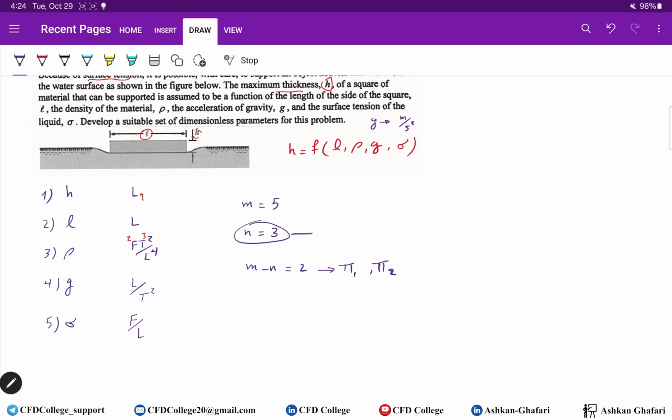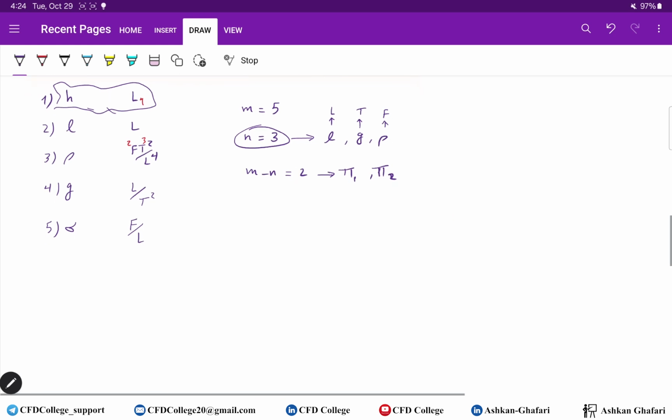N is 3, so we need to pick 3 quantities, except the first one, which is under investigation. So we pick L for length, gravity for T, and rho for F. So L, rho, and G are gone.